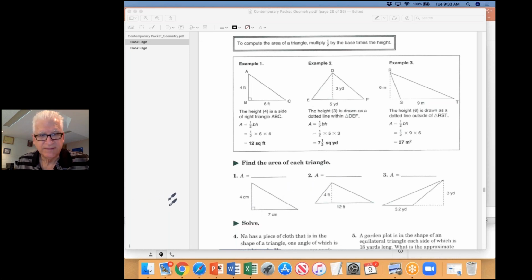And it's feet squared. Or we can also write 24, we can write it like this, square feet.